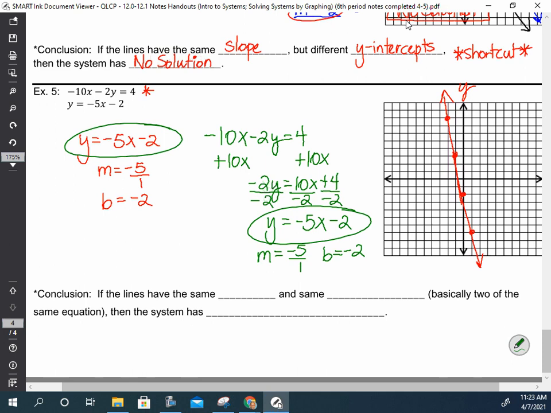So that means whenever you have the same slope and the same y-intercept, basically two of the same equation, then your system has infinitely many solutions.